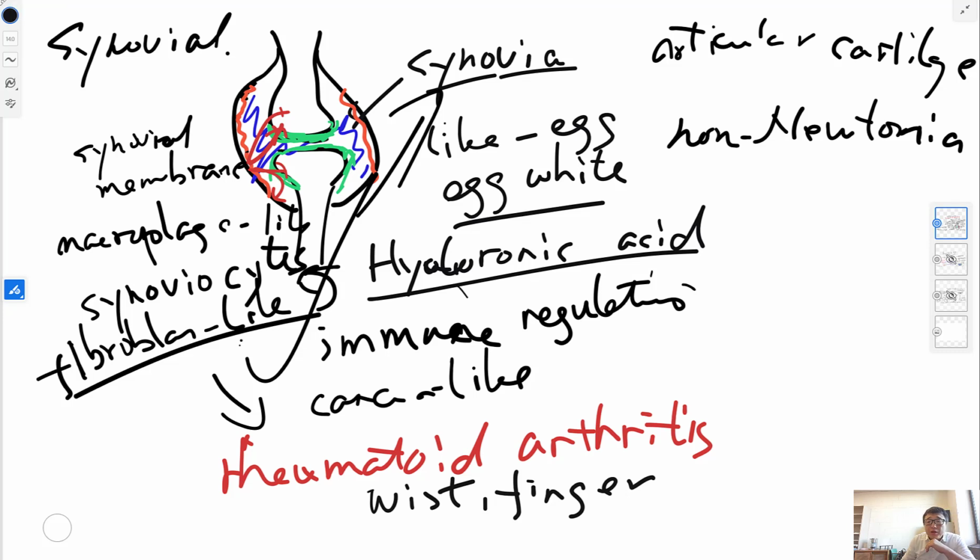The most common arthritis is called osteo... Oh, I forgot the word. Let me double check.